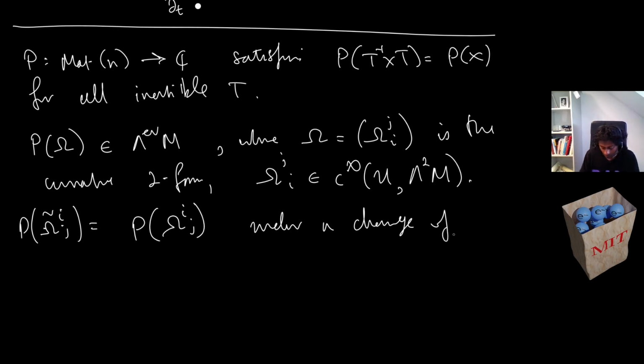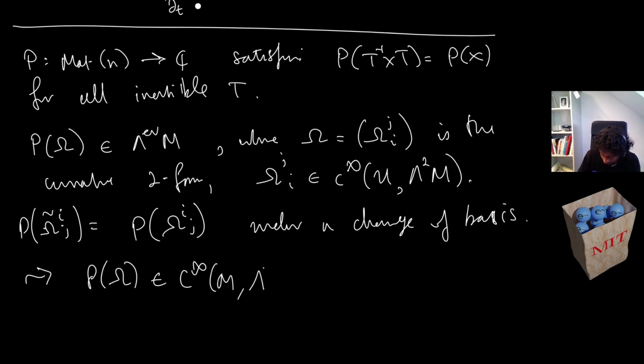Okay, so we get a well-defined object P(omega) on the entire manifold. So this is going to be C infinity of M valued in the even forms now, right? And the example that we had, of course, was the determinant.